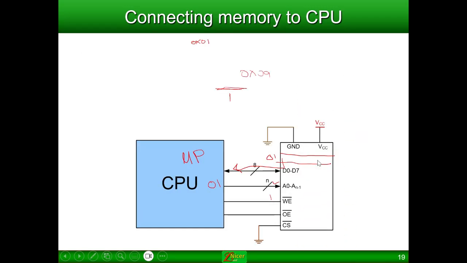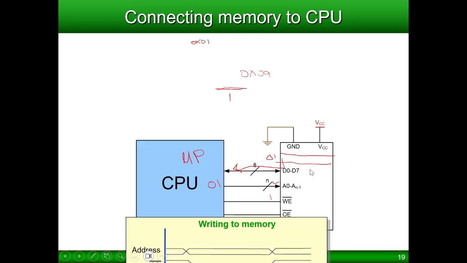So when this memory is connected with our CPU, first we give our address, then we tell the computer which process we want to do, and then we send data or retrieve the data.